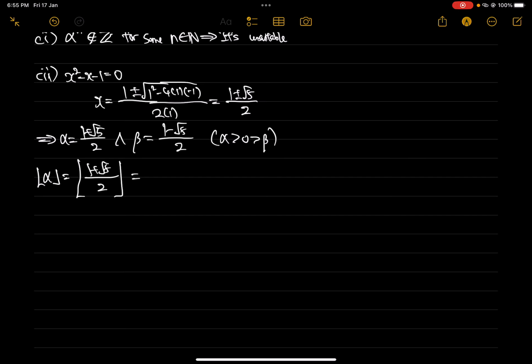So root 5 is 2.236 plus 1 is 3.236 divided by 2. So we get 1, which is equal to alpha plus beta.